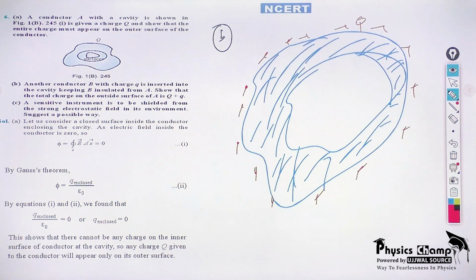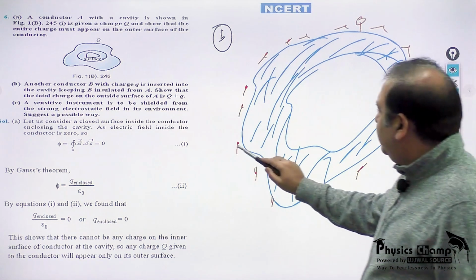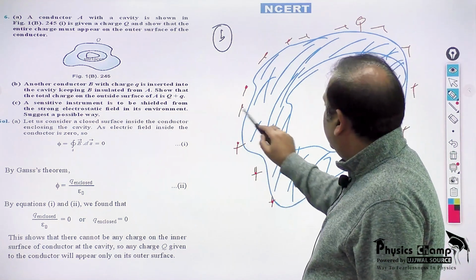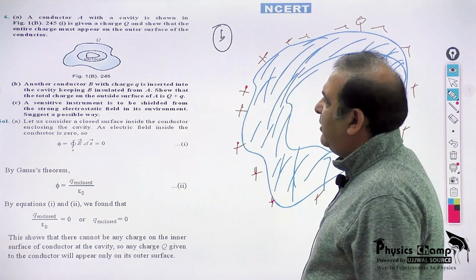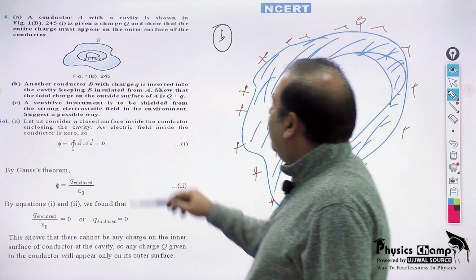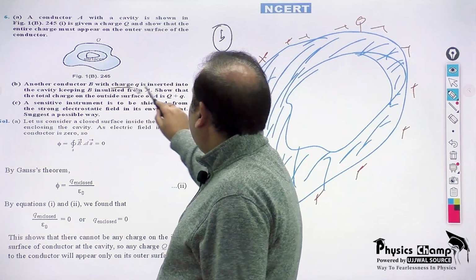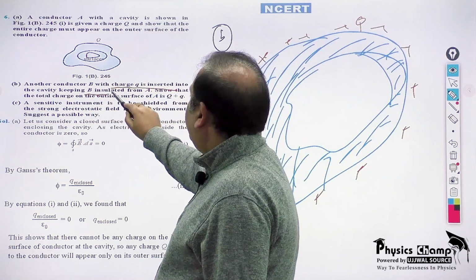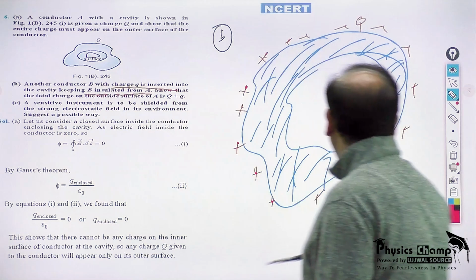We proved it will remain on the surface. Now going further, we are saying another conductor B with a charge q is inserted into the cavity, keeping B insulated from A.